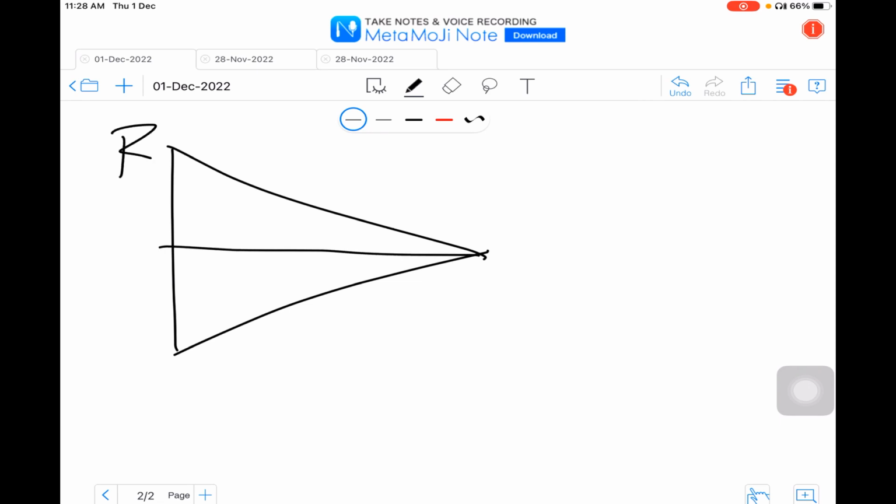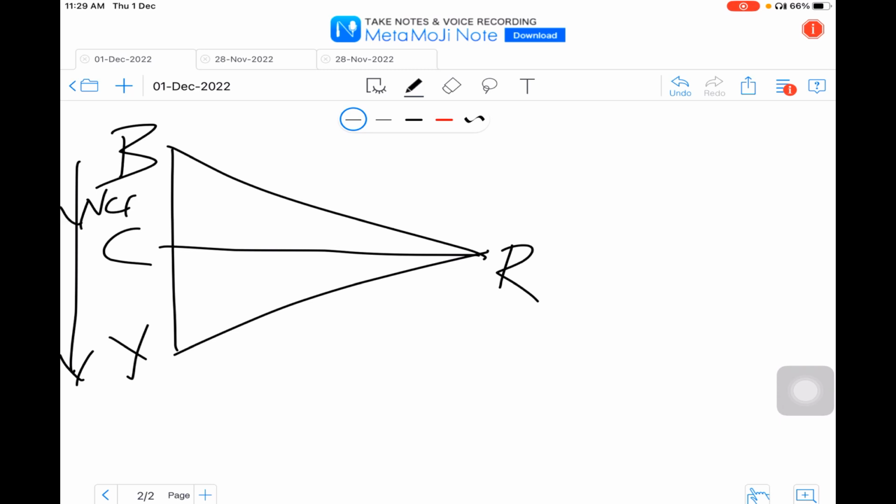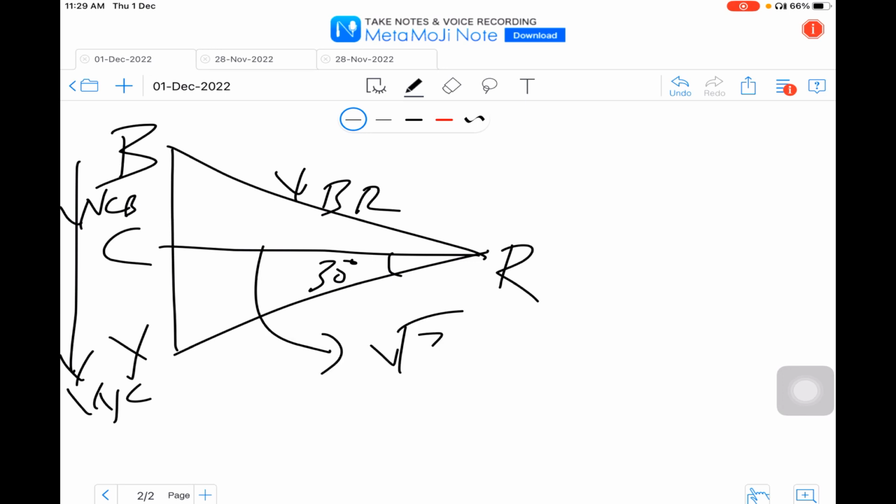Let us consider these as points B, C, Y, and this as our R. Here the voltage between C and B, the voltage between Y and C, and this is the voltage between B and R. So this is our 30 degrees.